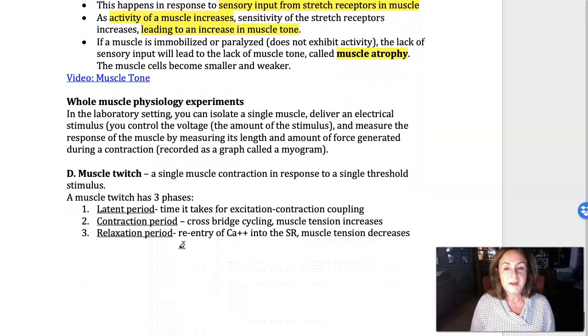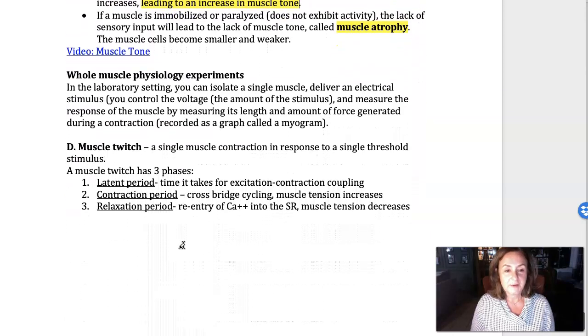Okay, so moving into the next segment of the notes, the whole muscle physiology experiments. This really has to do with experiments that were done leading up to our understanding of how muscle contracts.